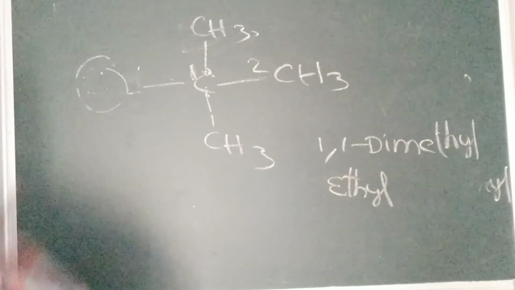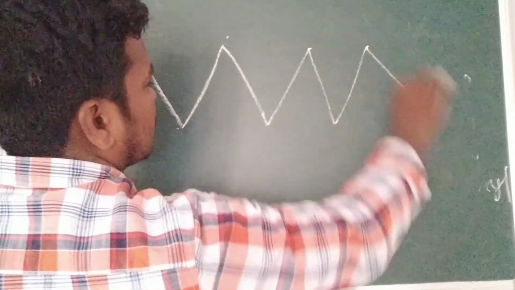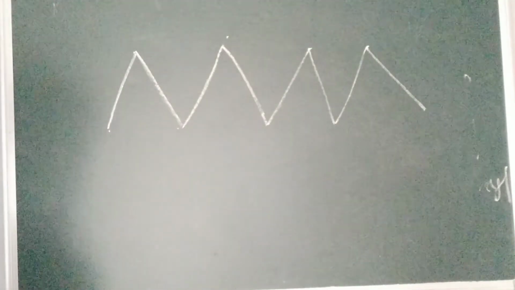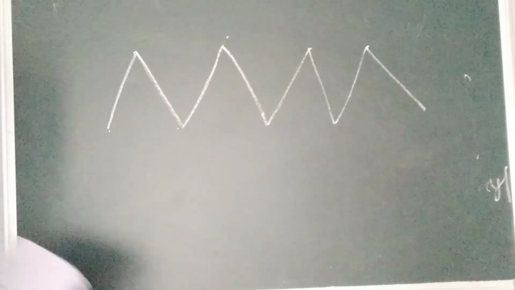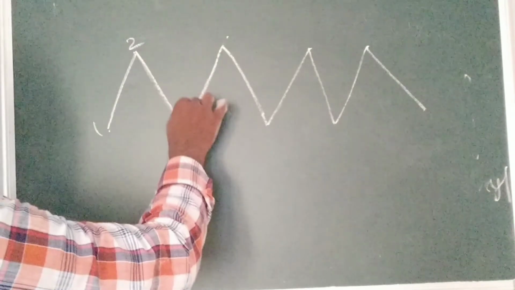So next, you can see another example. 1, 2, 3, 5, 6, 7, 8, 9. So this is the principal chain, not a branched chain. In the principal chain, I will give the numbers 1, 2, 3.